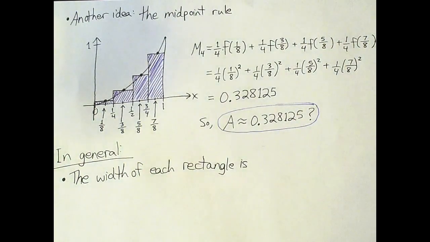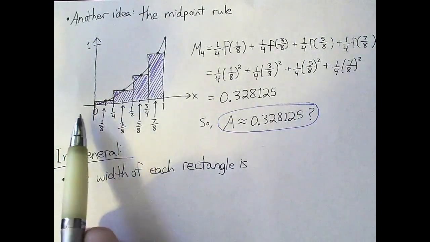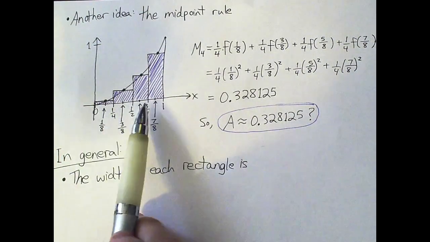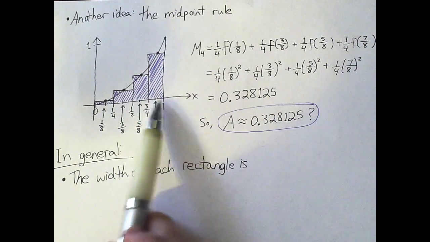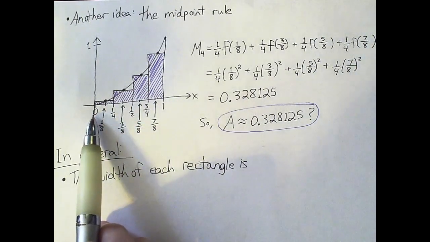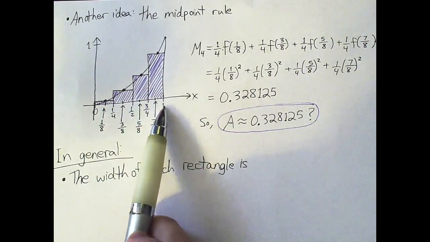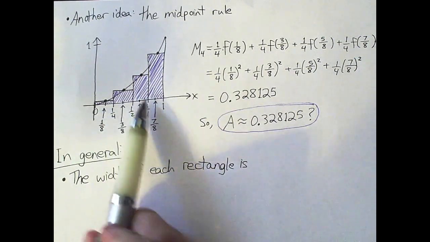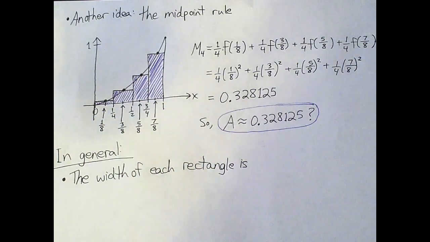Do you think that it was 1/4 because we did 4 vertical strips? Well, that's part of the reason. The other reason why the width was 1/4 is because we had 4 vertical strips and we were only looking from 0 to 1. Remember how we called this A and we called this B at the beginning of the lesson? So it seems like A and B and the number of rectangles are what determine the width of each rectangle.